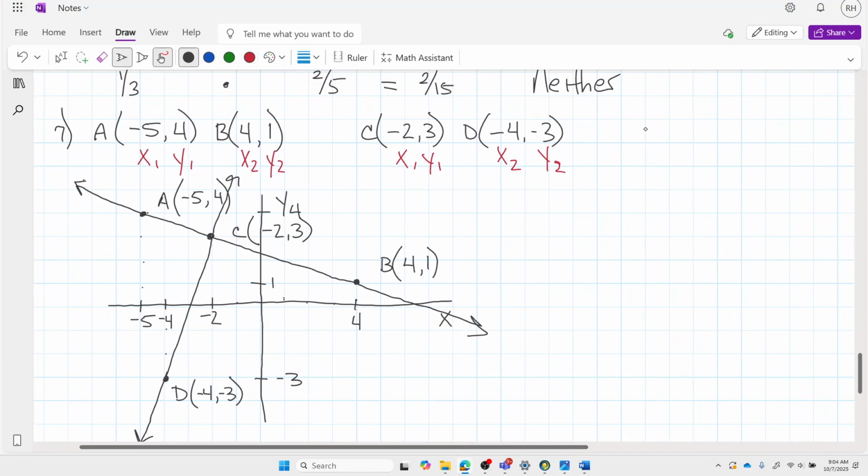And again, the slope formula is equal to y sub 2 minus y sub 1 divided by x sub 2 minus x sub 1. So we're going to say slope of AB is equal to, here's our points A and B. So in the numerator, what goes in the numerator?